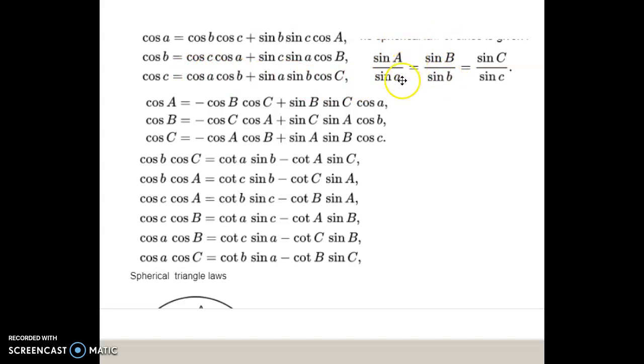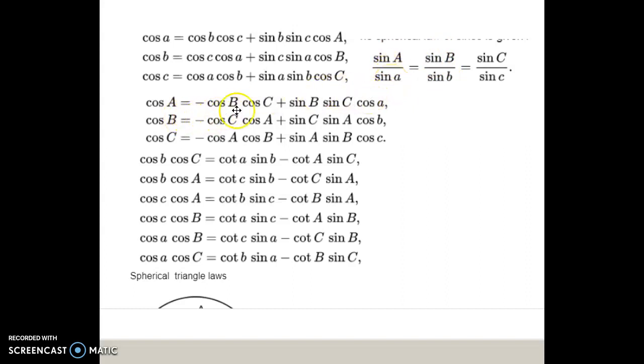Sine A over sine small a is the same as sine B over sine small b. So let's say you know big B and small b and a, to find the ratio has to be equal. This is for somebody that knows how to do math. He knows that if you know a ratio and you know this top part, you can know the bottom part.